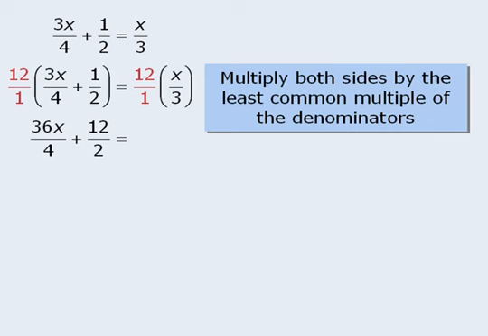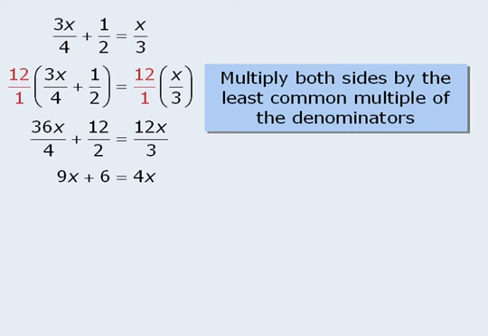On the right-hand side, we'll multiply 12 and x over 3 to get 12x over 3. At this point, all of our fractions simplify nicely. 36x over 4 is equal to 9x, 12 over 2 is equal to 6, and 12x over 3 is equal to 4x. Now that we have eliminated the fractions, we have a relatively simple equation to solve.